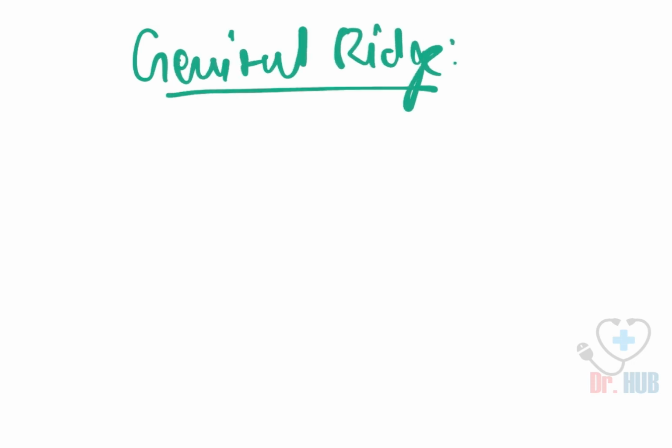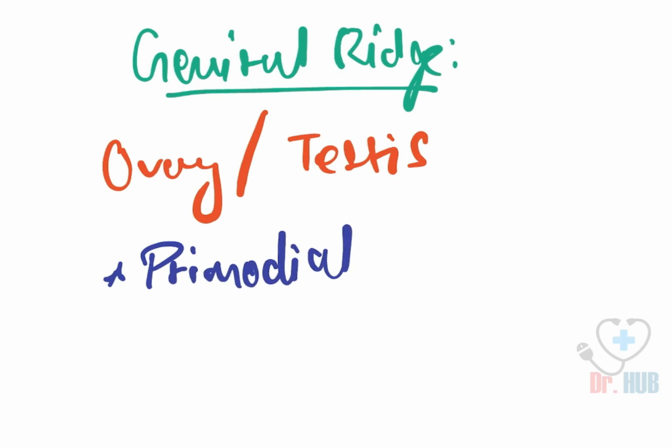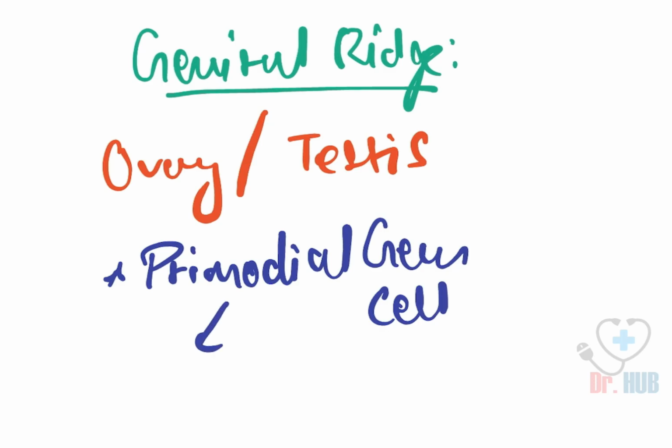First one is in case of the genital ridge. The structures involved, in case of females, it is the ovary, and in the males, it is the testis. Next, we look at the primordial germ cells.